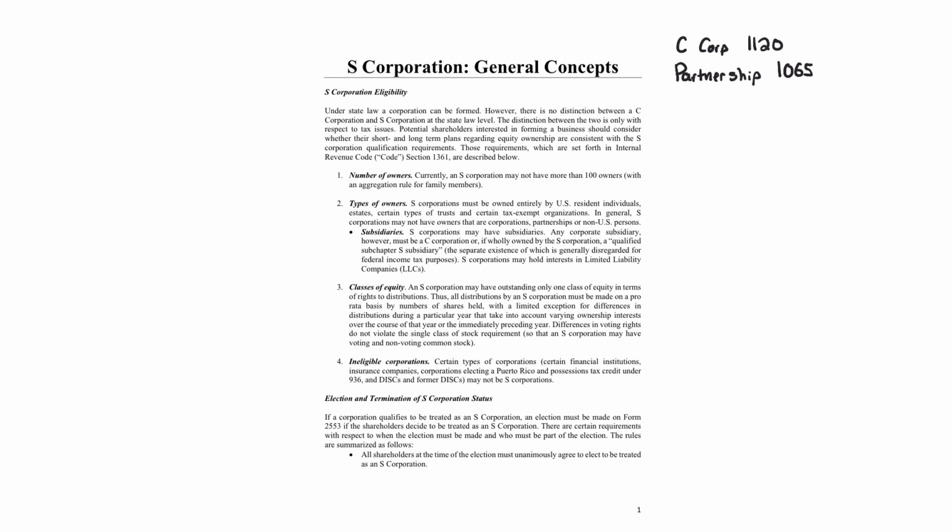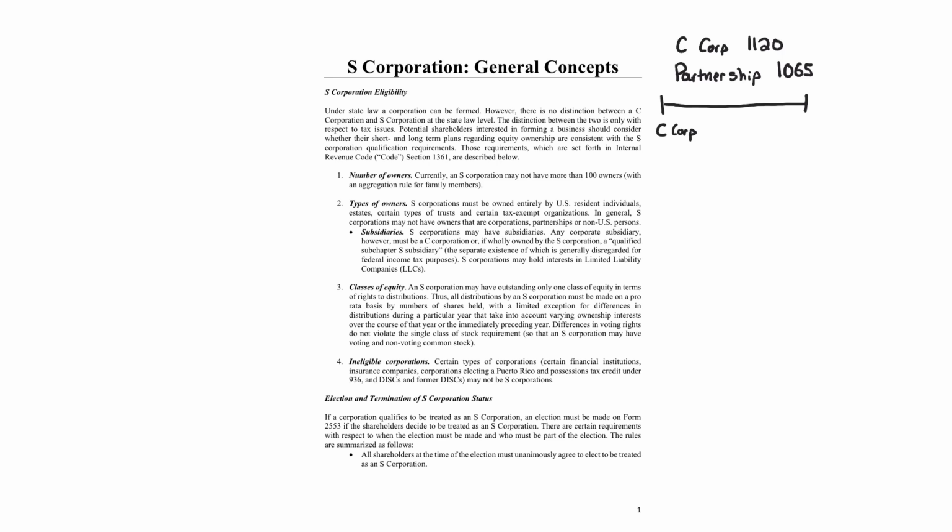Now, before we go into the specifics, the first thing I want to say is once you learn about the taxation of C corporations and the taxation of partnerships, S corporations is actually very simple. Think of it like a continuum. On one side of the continuum, you have the C corporations and the consequences, right?